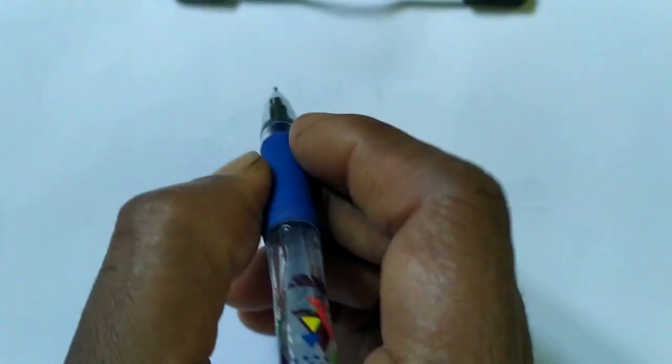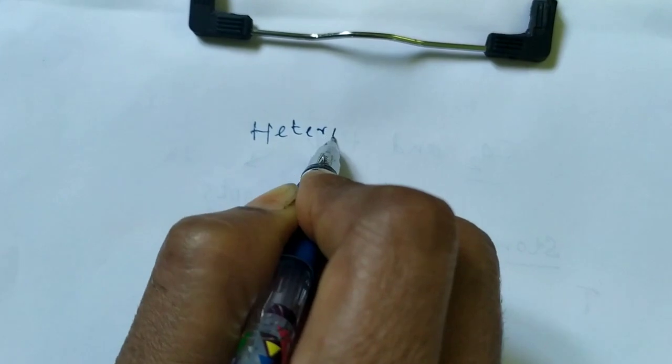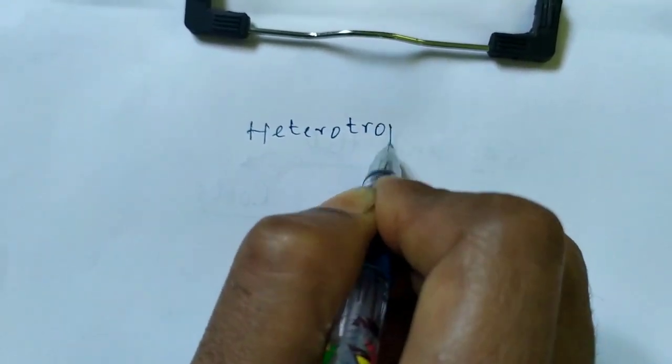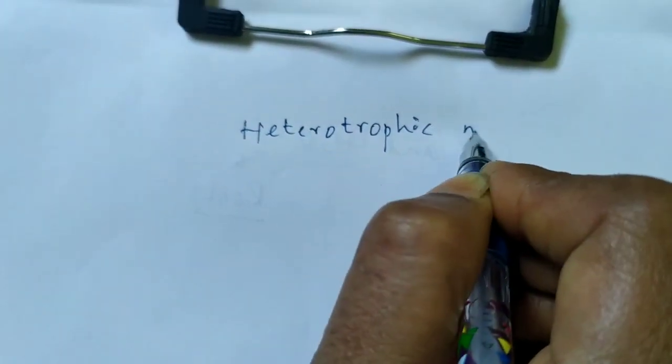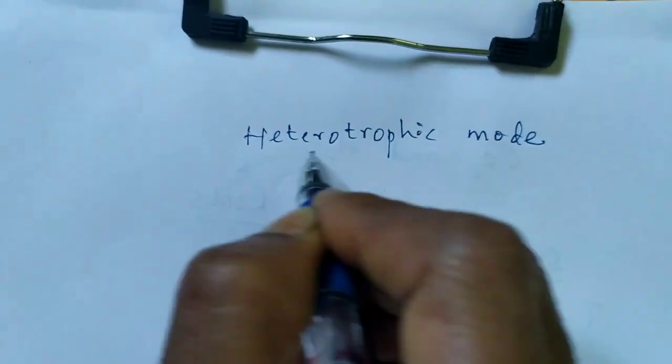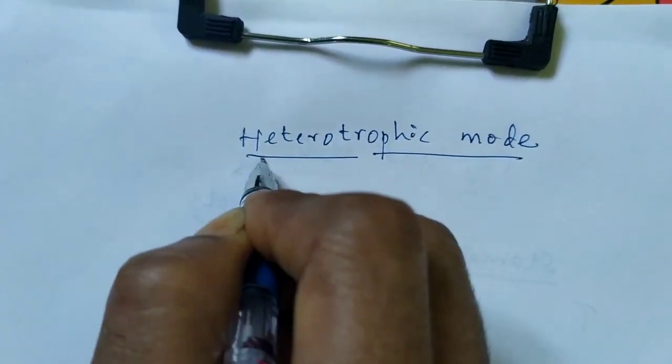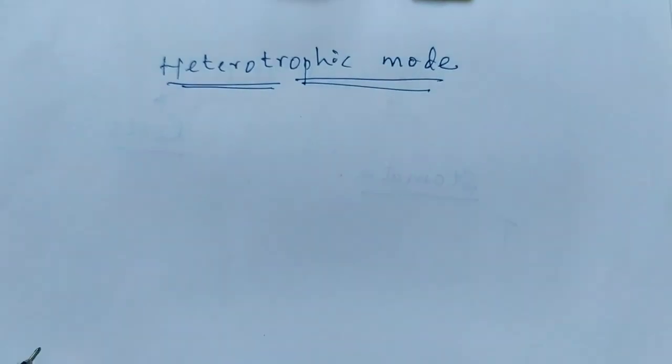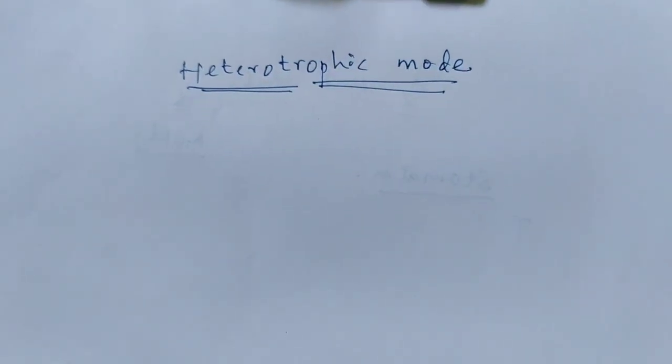Now let us learn the heterotrophic mode of nutrition. In the heterotrophic mode of nutrition, the organisms vary.